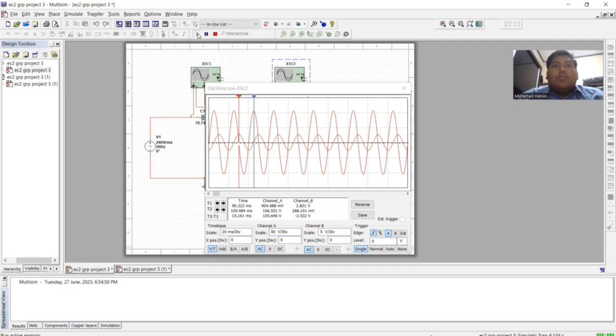Okay, next we will go to a second oscilloscope to find the V peak of inductor. Same thing, we must set channel A and channel B to AC and a single oscilloscope. Okay, I will show you first.